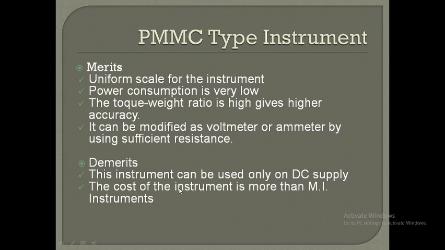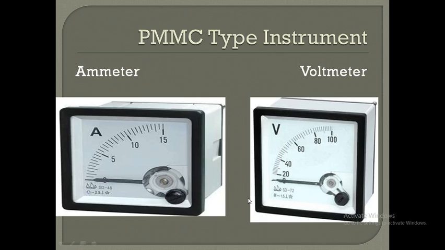Demerits: this instrument can be used only on DC supply, and the cost of the instrument is more than the MI, moving iron instrument. These are PMMC type ammeter and voltmeter instruments. This is all about PMMC type instruments.